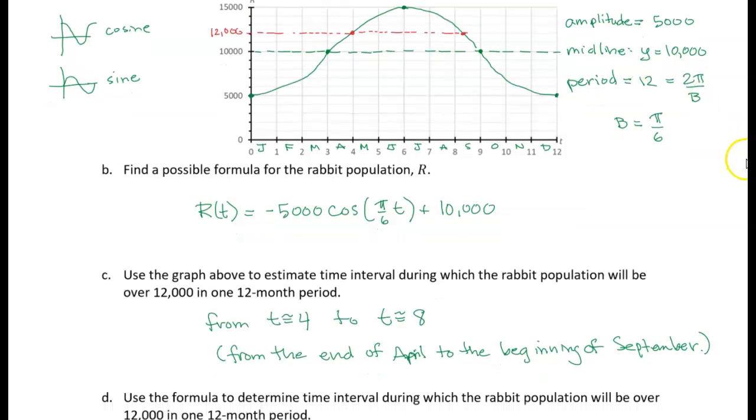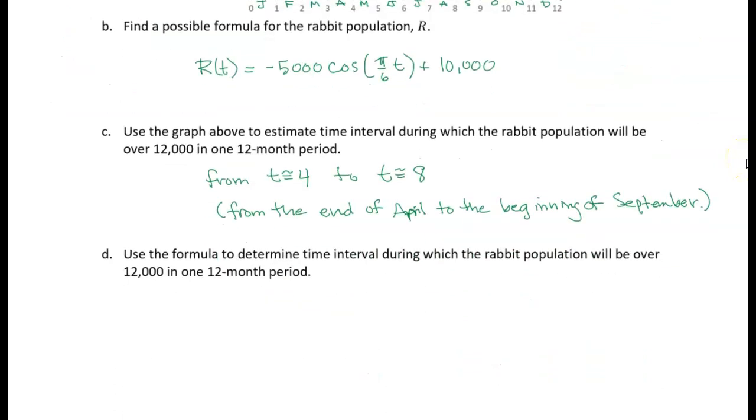So the next thing we're going to do, come down here a little farther, and we're actually going to use the formula now to get a more accurate time when the population reaches 12,000. So I'm going to take my equation.